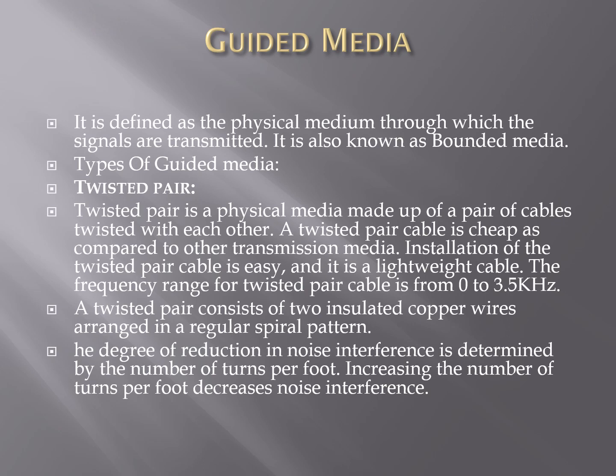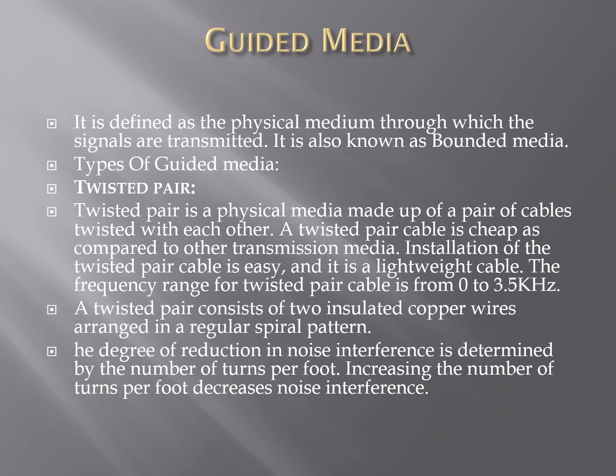Guided media is defined as the physical medium through which the signals are transmitted. It is also known as bounded media. Types of guided media: twisted pair. Twisted pair is a physical medium made up of a pair of cables twisted with each other. A twisted pair cable is cheap compared to other transmission media. Installation of the twisted pair cable is easy, and it is a lightweight cable.